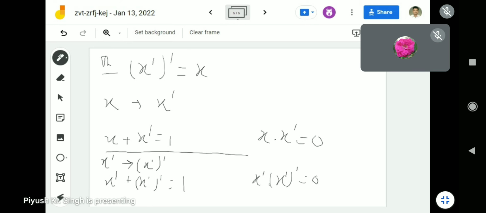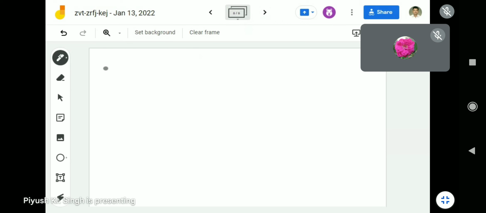Now, what will be value of x plus xy? Since by absorption law we can show that it is x.